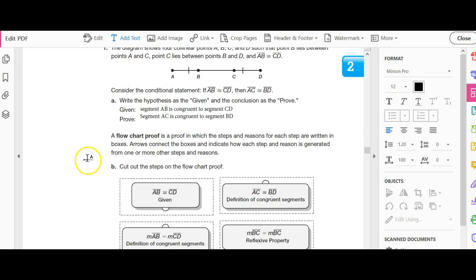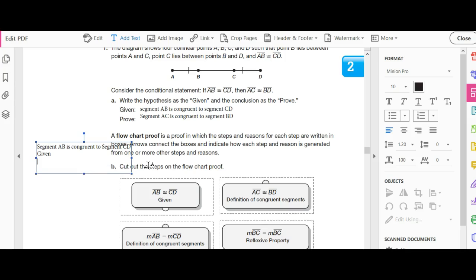So we know our first step right here, if I was doing a step that said segment AB is congruent to segment CD, right? That's really just this little bubble right here. And that was given, right?